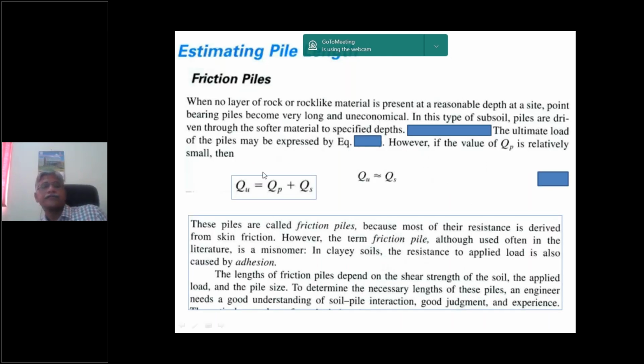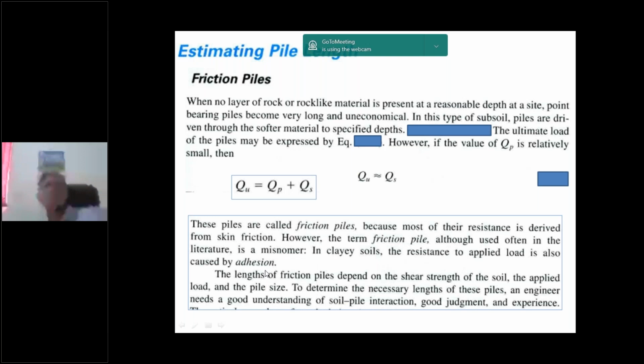For friction piles, the overall formula is QU equal to QP plus QS. These piles are called friction piles because most of the resistance is derived from skin friction only. However, the term friction pile, although used often in the literature, is a misnomer. In clay soils, the resistance to applied load is also caused by adhesion.